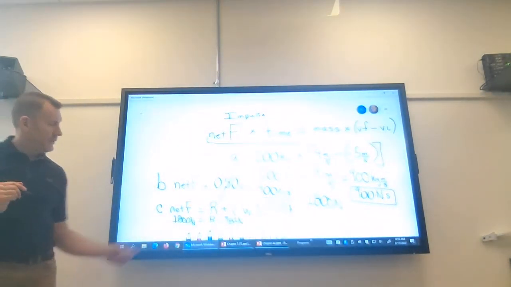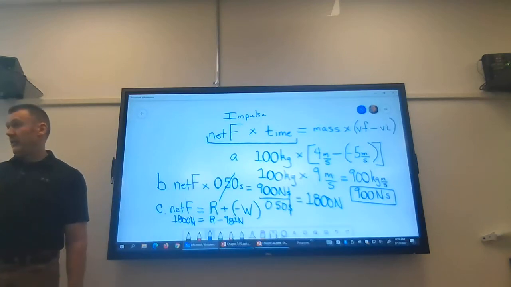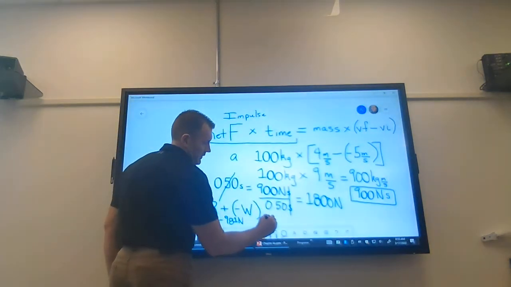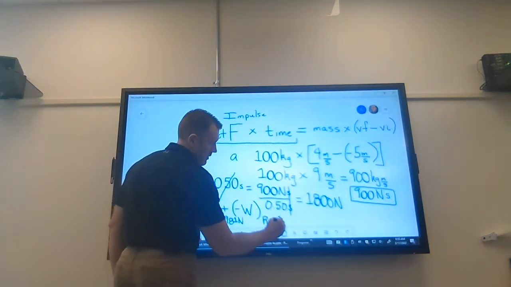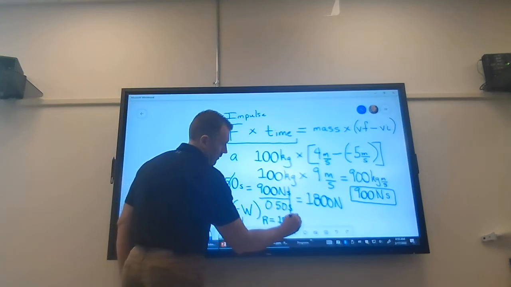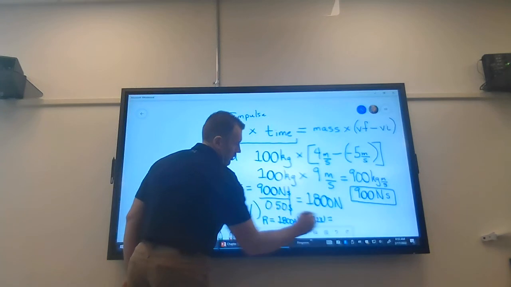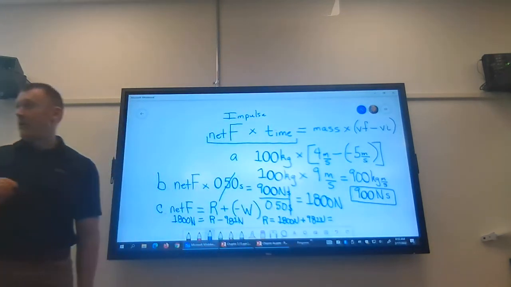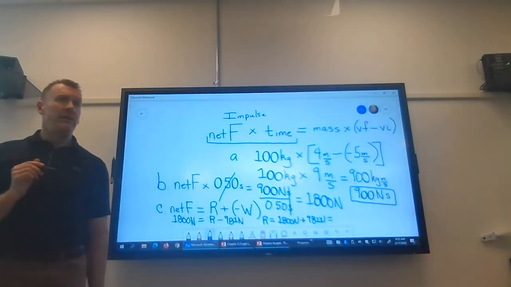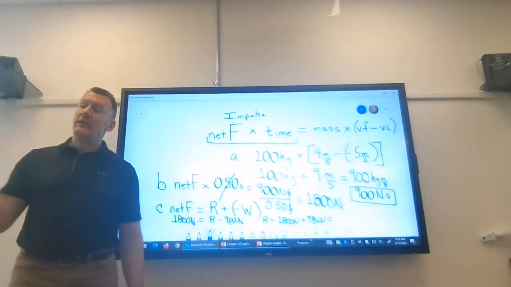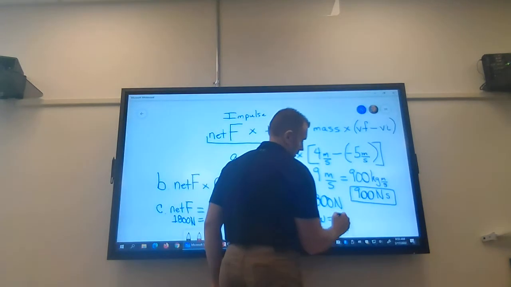So you just add 981 to 1,800, so the reactive force is equal to what do we get for our reactive force from the ground during that 0.5 seconds? 2,780.